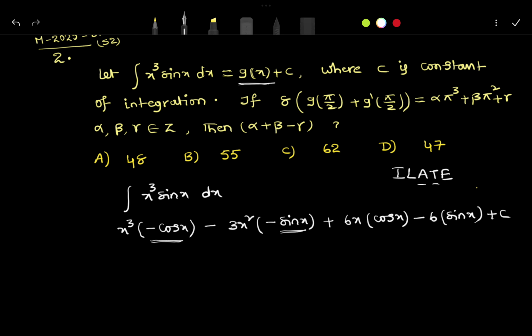Now in the given question the RHS is g of x plus c. So what is the g of x value here? This part is nothing but g of x.